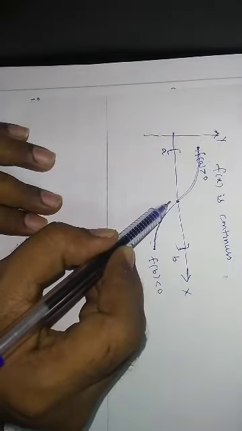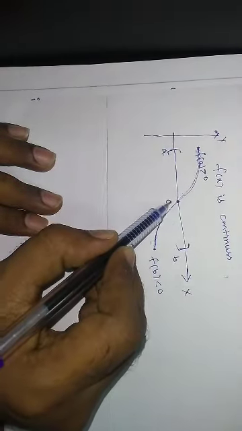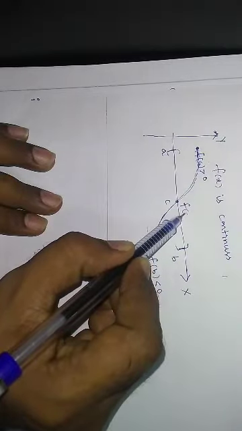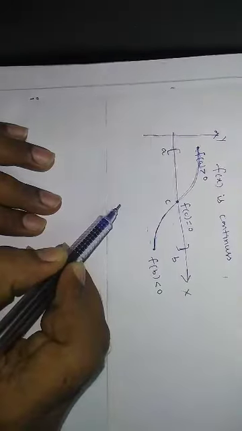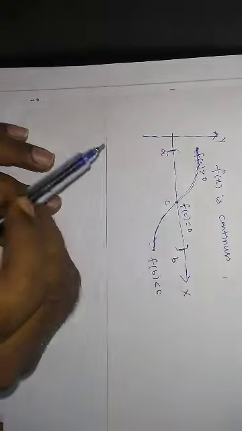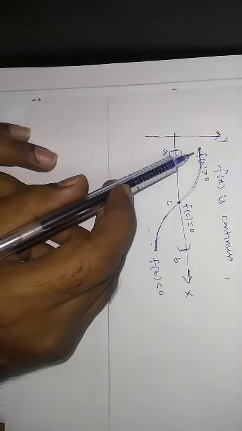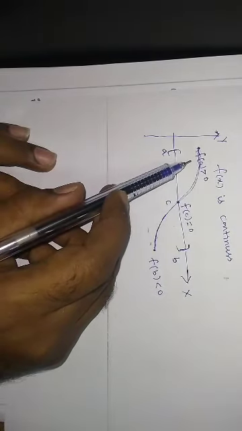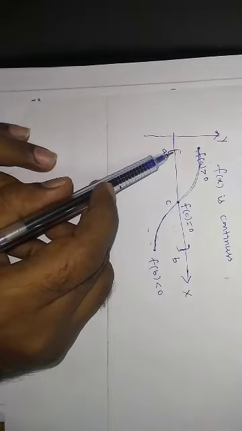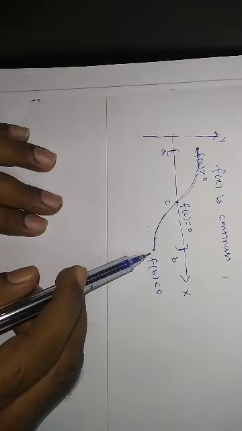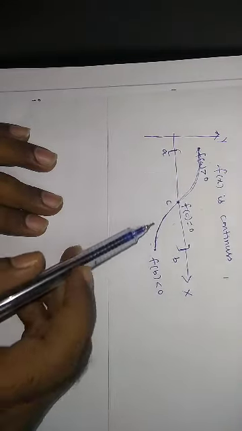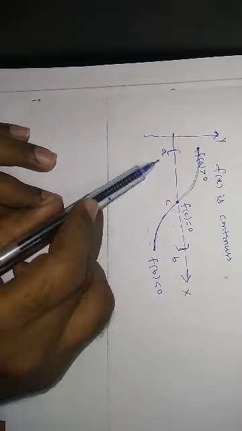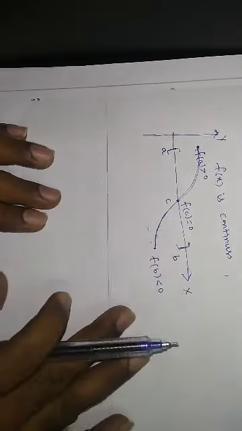So at the point C, the function is equal to 0. That means if f is a continuous function and the function value is positive at one point and negative at another point, then there exists a point C in between A and B such that f of C is equal to 0.